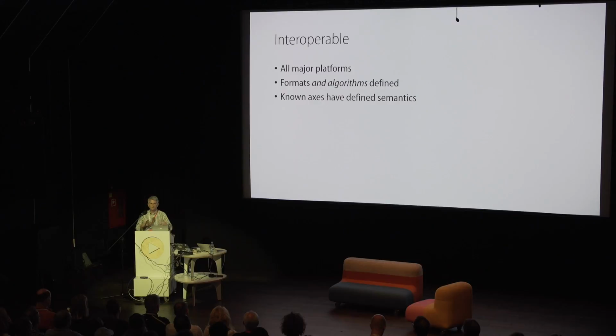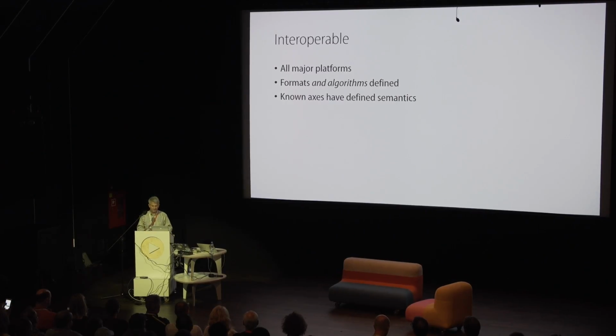Because we've got this set of known axes, the semantics of those axes are well defined and interoperable. And this is something that is significantly different from the old TrueType GX format, because in GX, you could define a variation, but that variation had a numeric range that was proprietary to that particular font. There was no way to compare two different fonts.